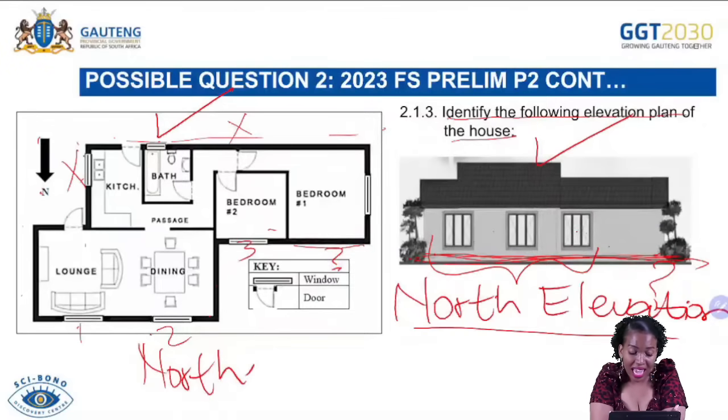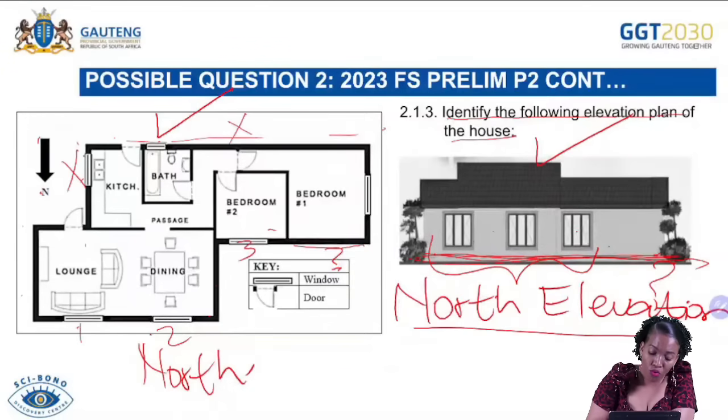Another question that they like with regards to the floor plan and elevation, they can ask you which rooms will be warmer in winter for this house. So in the context of Maths Lit, when we answer that question, we are saying that the rooms that will be warm are the rooms that are facing north.